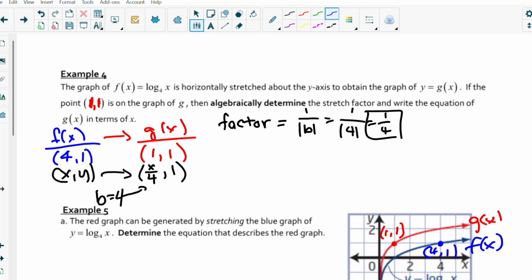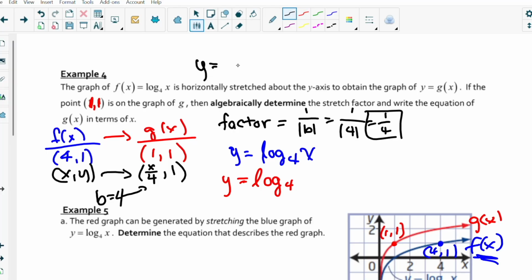Let's write the equation. So f of x, y equals log base 4 of x, that's our original equation, f of x. When we transform it, it turns into y equals log base 4 of, so remember our general transformation model is y equals a times log base c of b times x minus h plus k.